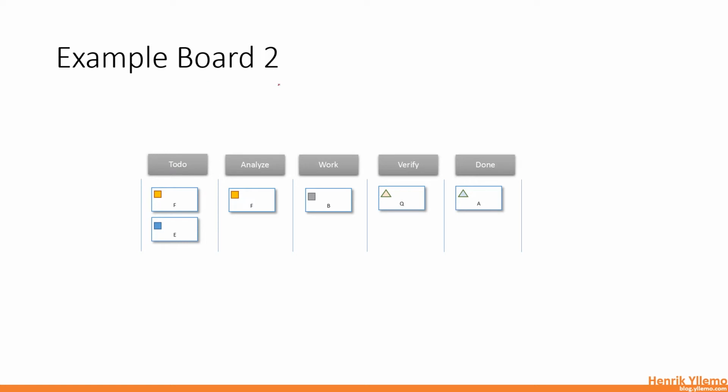This next example, which I called board number 2, we added a number of columns. You can have as many columns as your team likes or needs or wants, but I would advise not to have too many, because it's really hard to visualize.